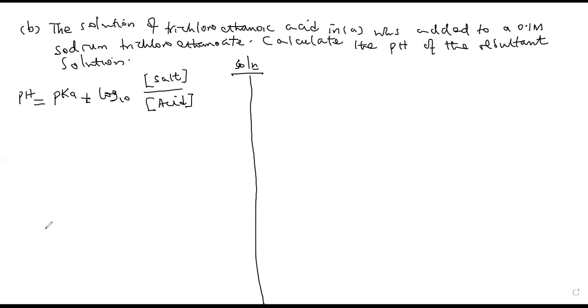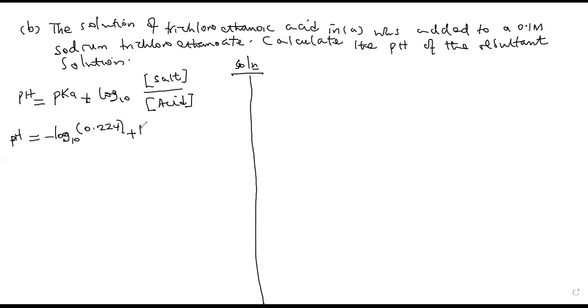We have all the concentrations because from our part A, we got the concentration of the acid, which was 1 times 10 to the power negative 5. And we are also given the Ka, and with the Ka, you can get pKa. So it will be negative logarithm to base 10 of the Ka value that we were given. The Ka value has been given as 0.224.